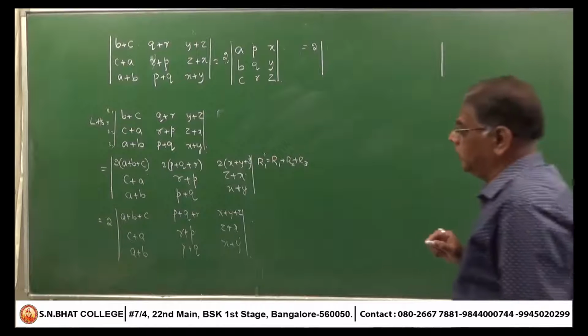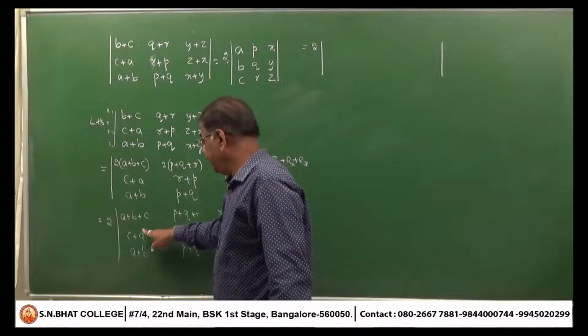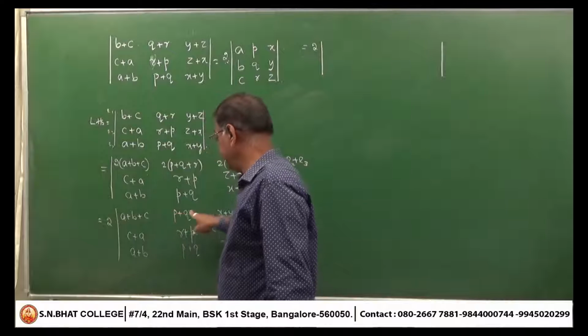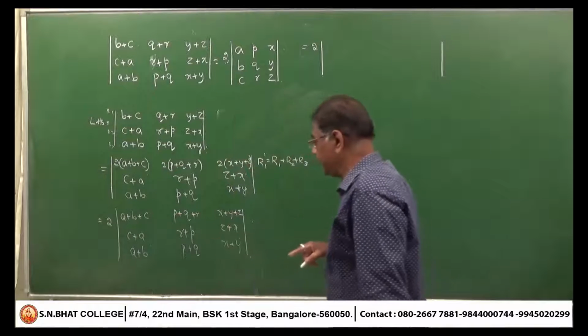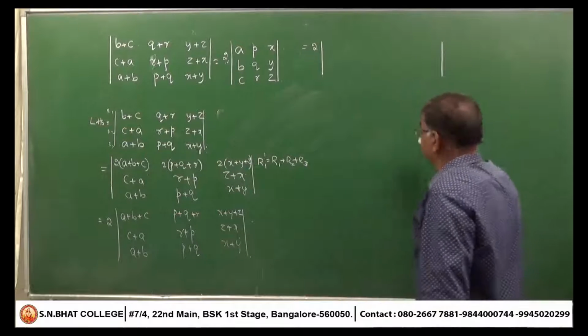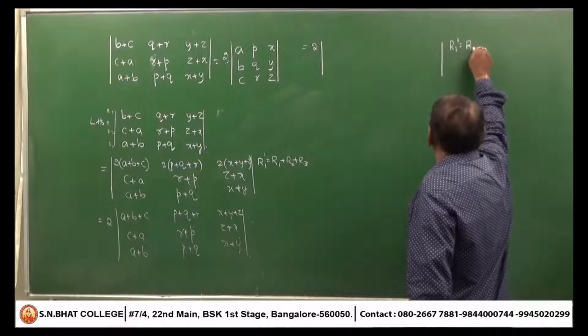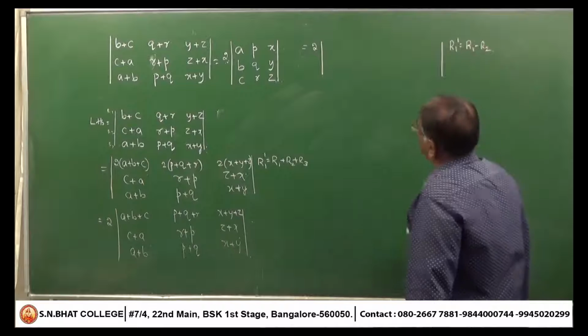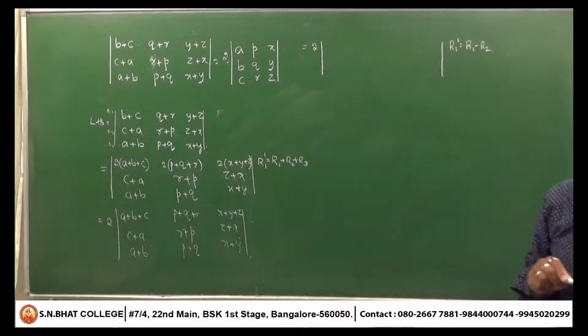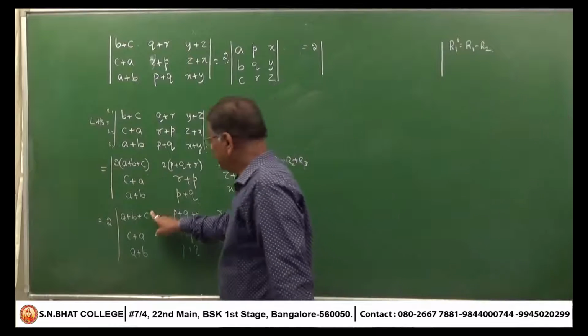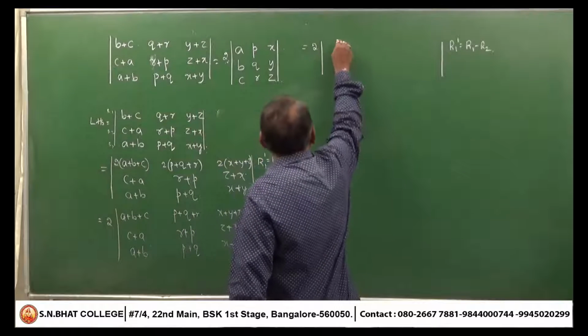Next, I will try to make this element a single element. Where there are 3 terms, I am making it single. Therefore, R1 dash is R1 minus R2. This minus this becomes b.